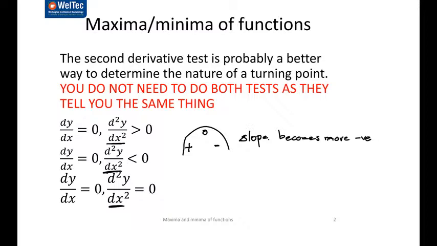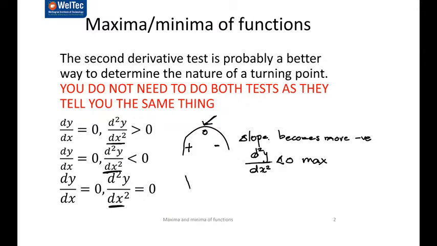So in this case, as the slope becomes more negative, the second derivative is negative. And if we first find where the first derivative is 0, and then the second derivative is negative, then we have a max.